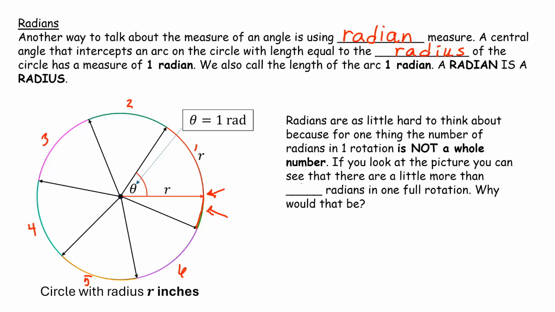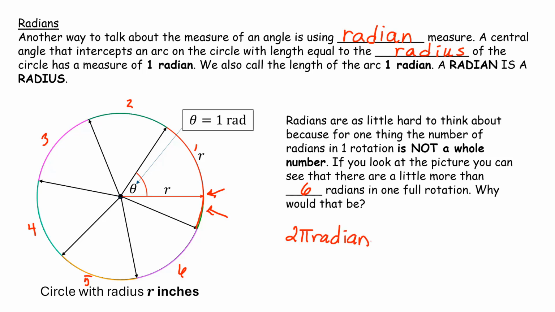So looking at the picture, you can see there's a little more than 6 radians. And the question is, well, how many exactly is that? It's 6 and a little more. And what you find out, and what you may know if you sit and think about it for a while, is that it is going to be exactly 2 pi radians.